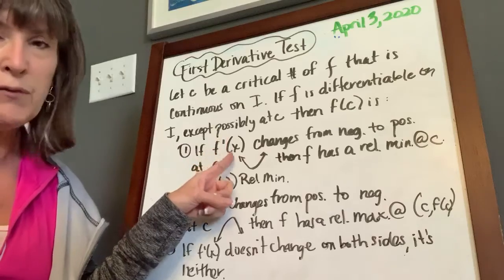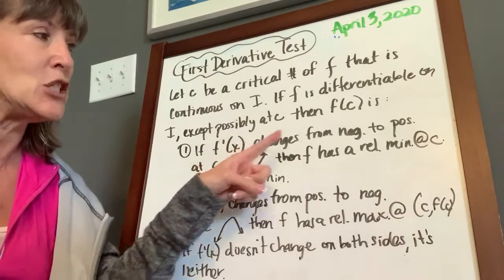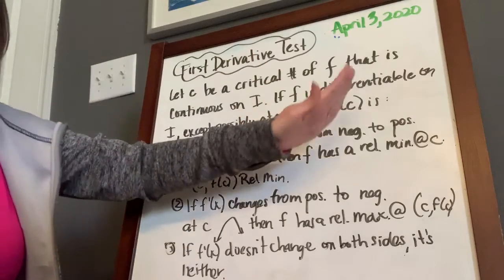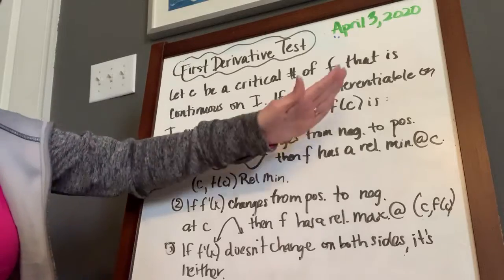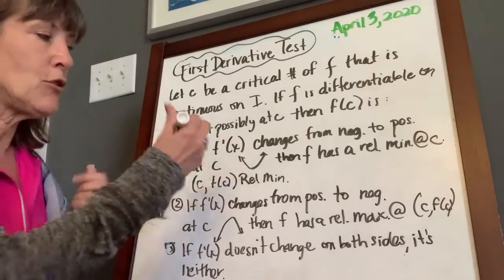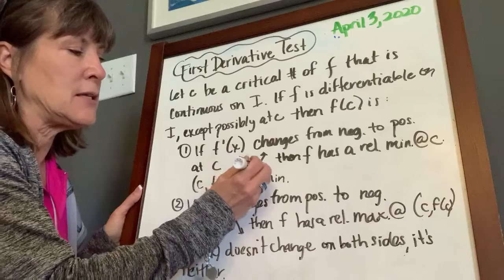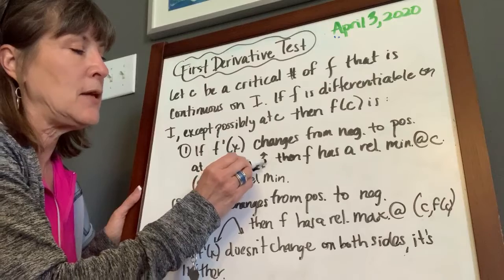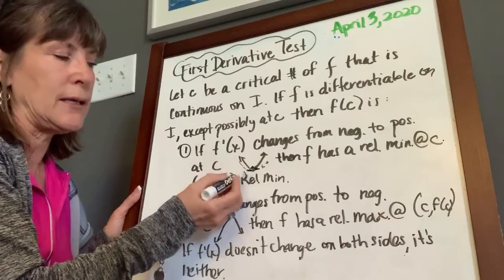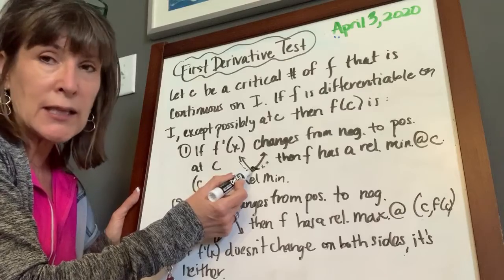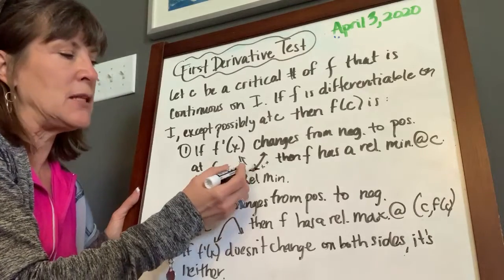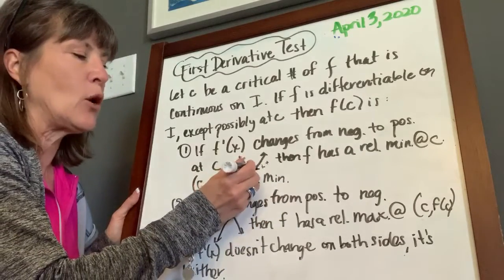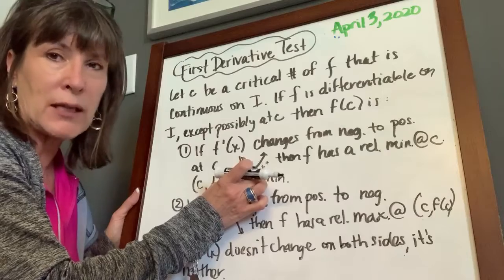If the derivative, the slope of the tangent line, changes from negative to positive, so negative on the left, positive on the right, and here's your critical point where the slope of the tangent line is 0, then you know that that critical point can be classified as a relative minimum. That means within its interval, relatively speaking, it is the lowest point in that interval. It's called a relative minimum.